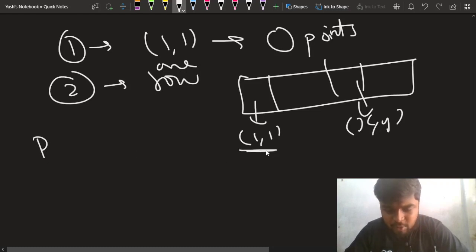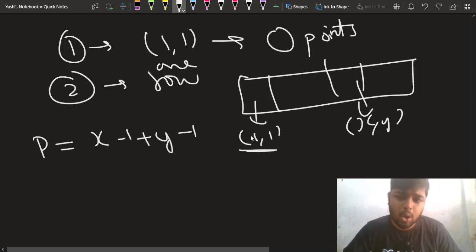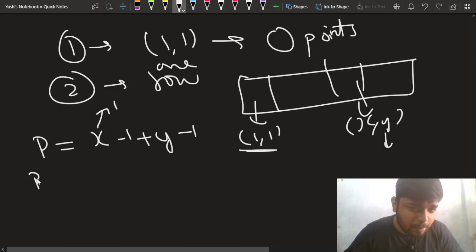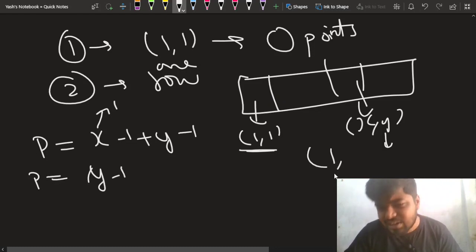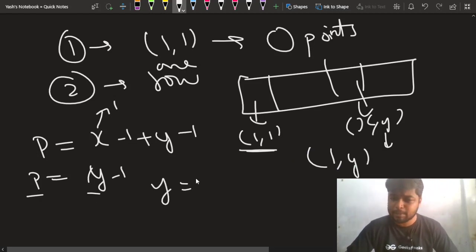Once you give the 1 comma 1 point to the computer, it will give you p distance. And what will be the distance? It is x minus 1 plus y minus 1, where the value of x is nothing but 1, since this is a single row. So p is nothing but y minus 1. You know the value of x is 1, and you will be easily able to calculate the value of y from p, that is y is equal to p plus 1.